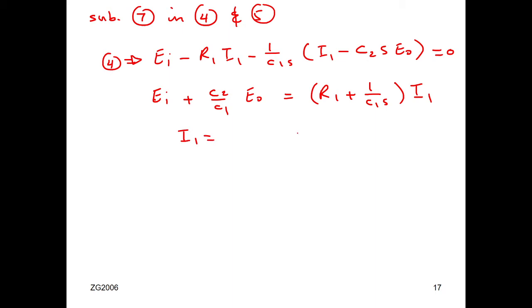I1 will be EI plus C2 over C1 E out, over R1 plus 1 over C1 S. That's all. And let's call this a new equation, number 8.